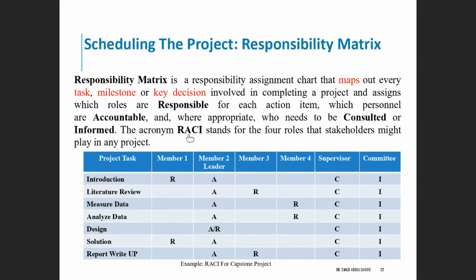And that's why they call it RACI, an abbreviation for those roles of the team members in the project. So either we call it a responsibility matrix, RACI, or RACI matrix.